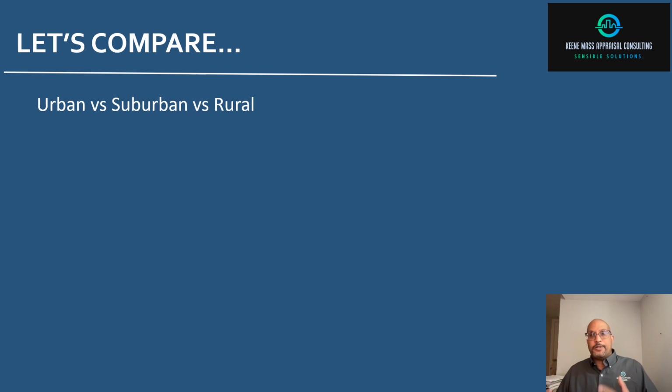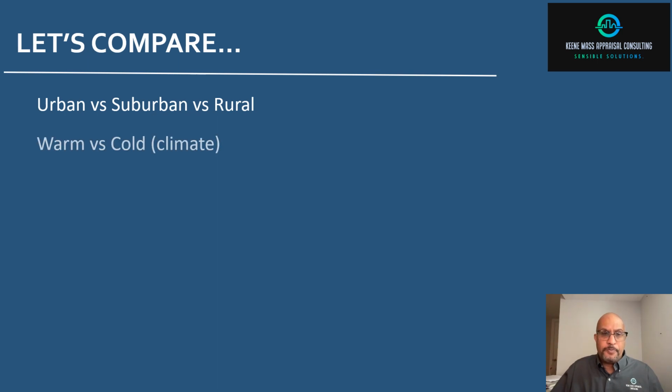So now let's compare some different environments and how they can affect model building. Urban versus suburban versus rural. The importance of parking, lot sizes, land value relative to building value will probably require an entirely different model specification for each of these kinds of scenarios.